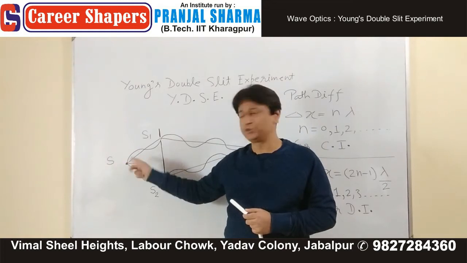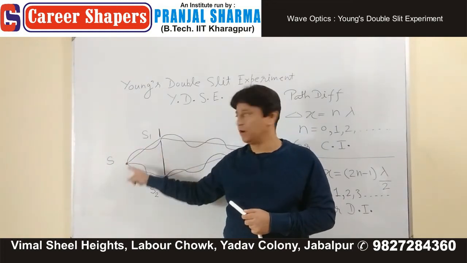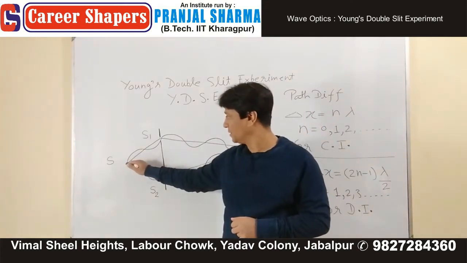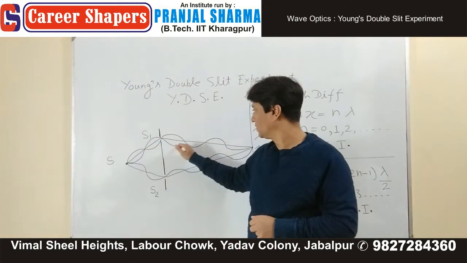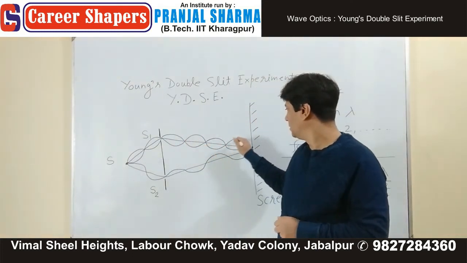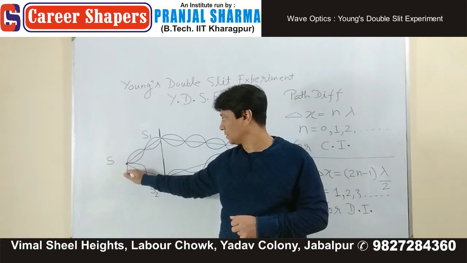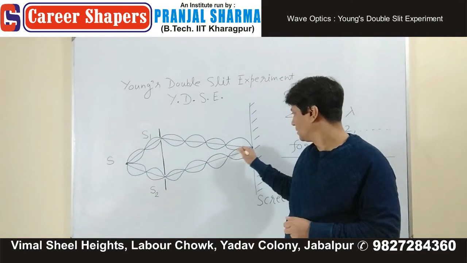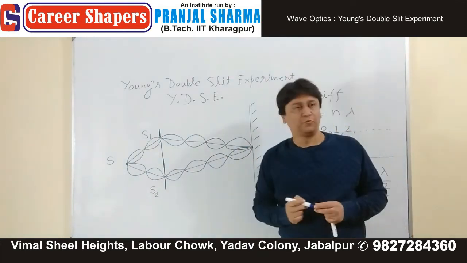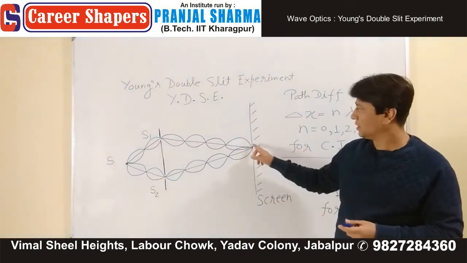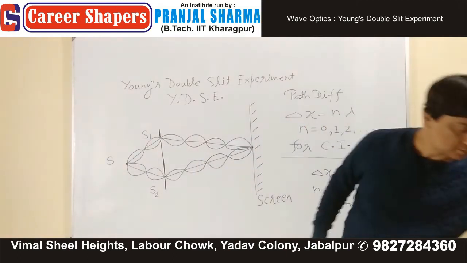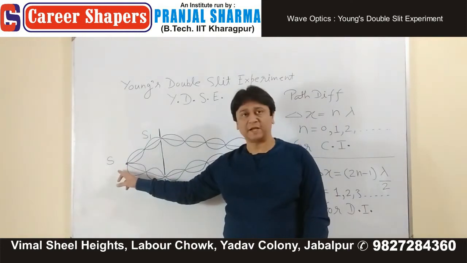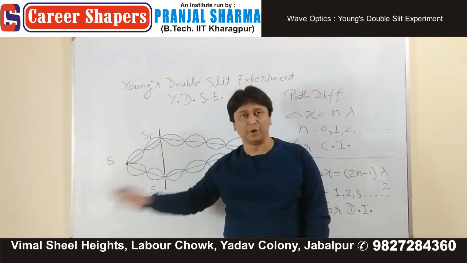The second wave coming from S can be of black type or it can be of blue type. Blue, blue. Now, we have no control over S. It can send black or it can send blue.